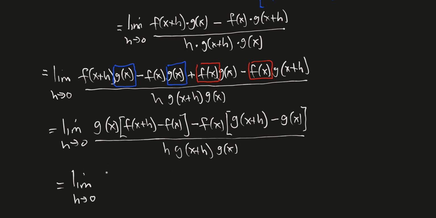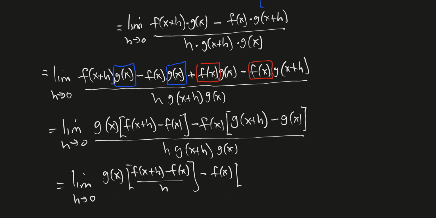I can write this as g of x times f of x plus h minus f of x all over h, right? And then minus f of x, and then in square brackets my g of x plus h minus g of x all over h.